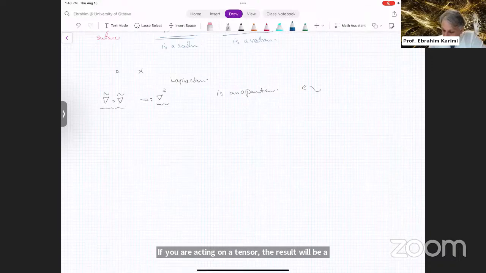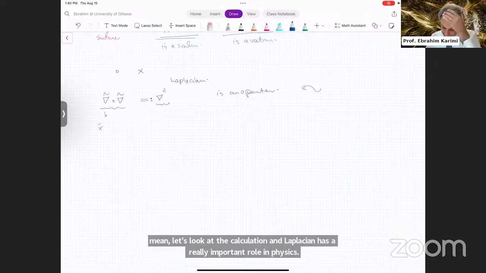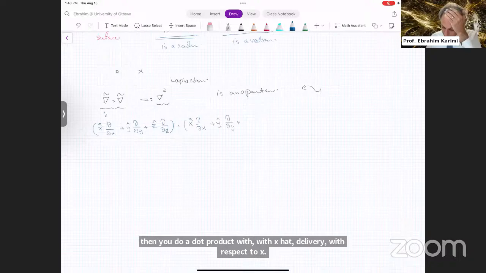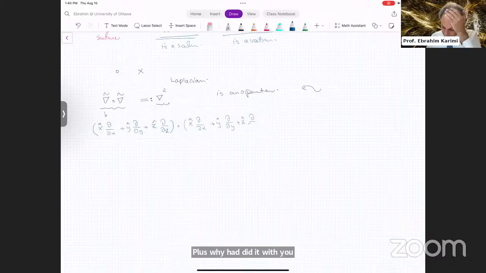I mean, let's look at the calculation. And the Laplacian has a really important role in physics, okay? So you take x hat derivative with respect to x, plus y hat derivative with respect to y, plus z hat derivative with respect to z, and then you do a dot product with x hat derivative with respect to x, plus y hat derivative with respect to y, plus z hat derivative with respect to z.